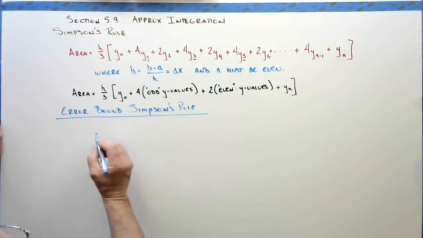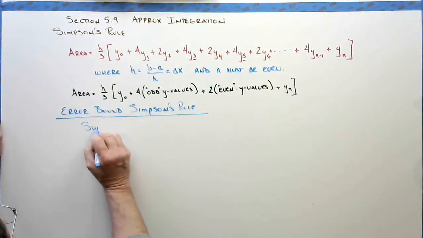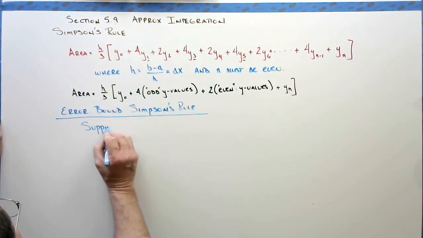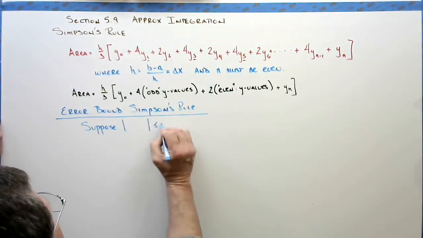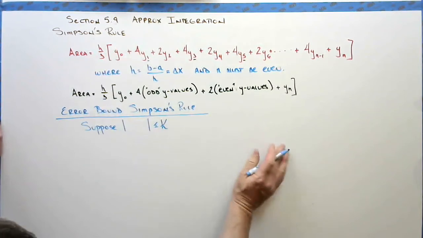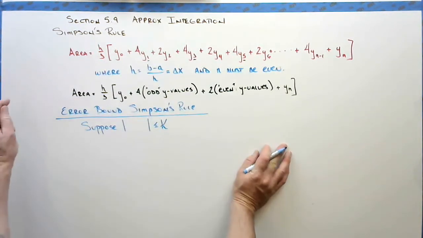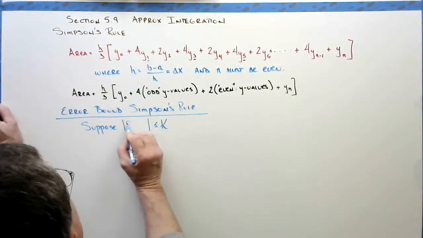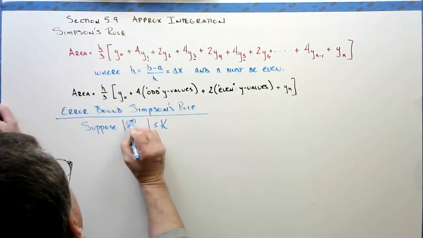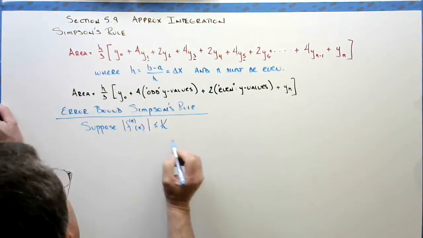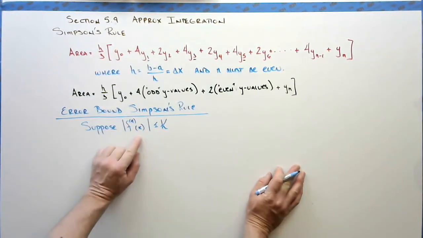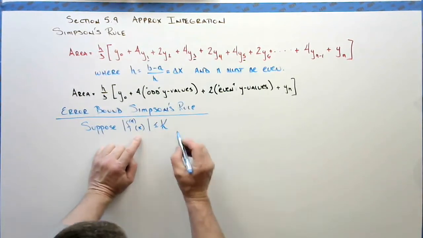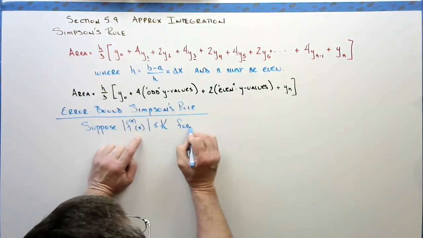When you look at it, it says suppose the absolute value is less than or equal to k, and this is going to be a derivative again. But instead of being the second derivative, it's the fourth derivative. So k is some number that bounds the fourth derivative within our interval.